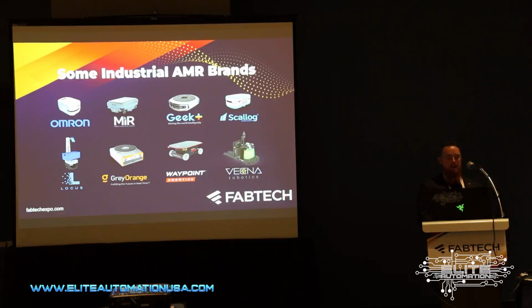Each AMR has its ups and downs. Maybe it's better traction control, maybe it's battery life, maybe it's the ability to utilize it with other pieces of equipment, the adaptability of it. Some of these are more meant to add custom modules to, to deploy to any custom application.